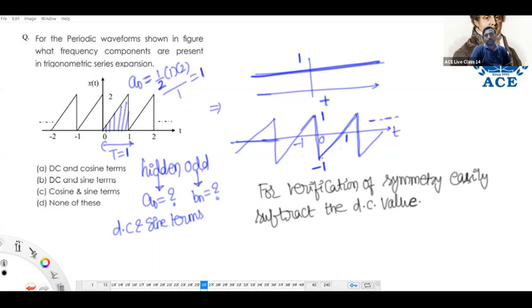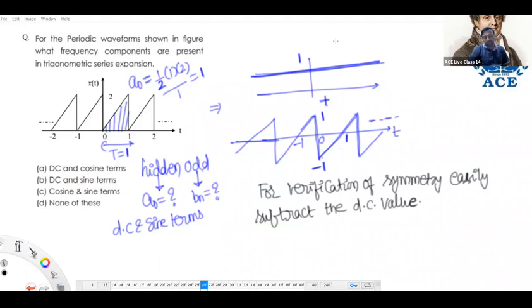It is like a clamper, which acts like a DC restorer. Whenever you want to verify symmetry easily, subtract the DC value.